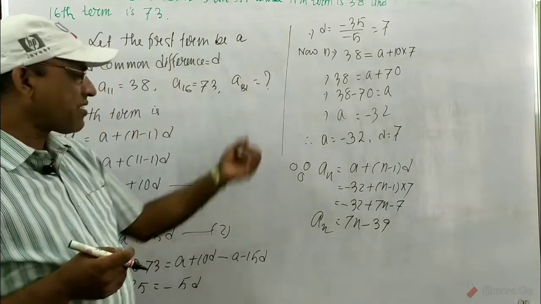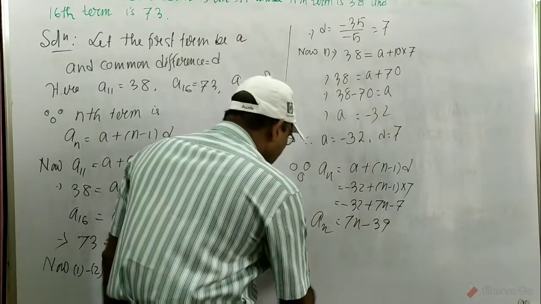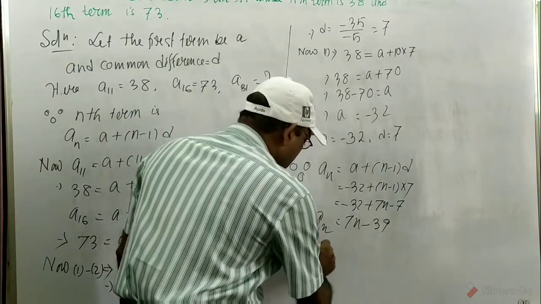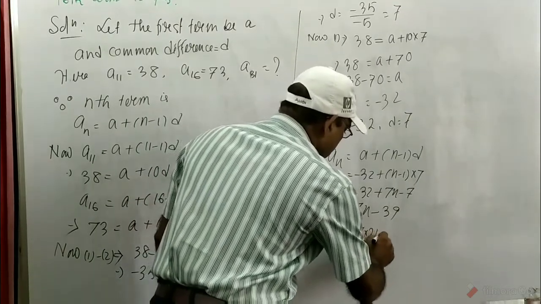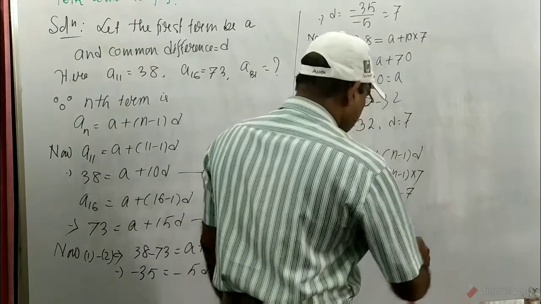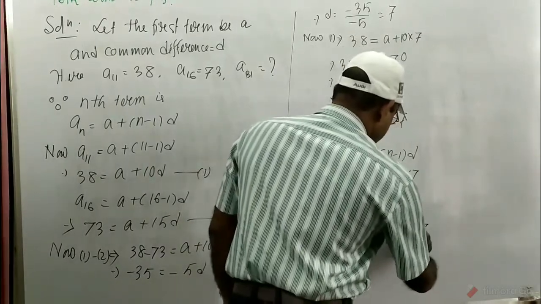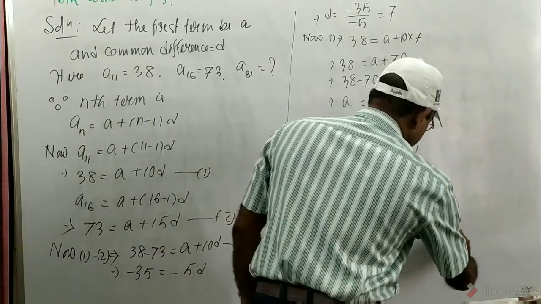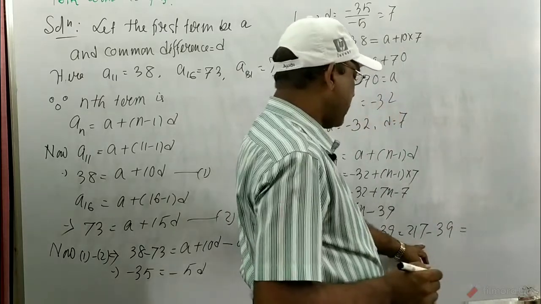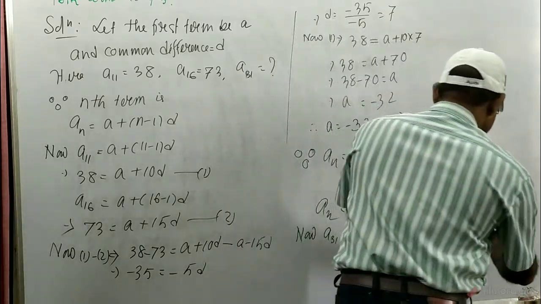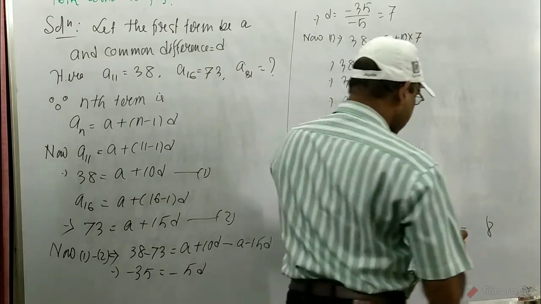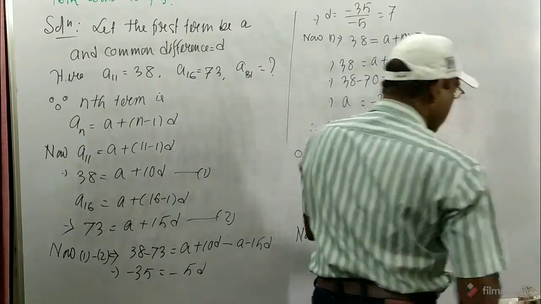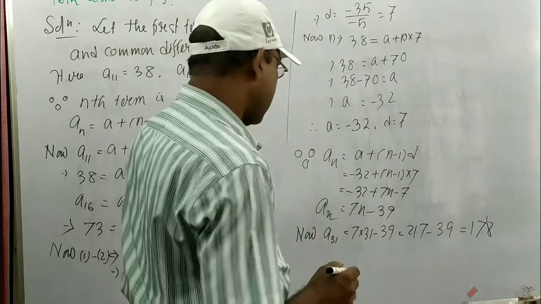So a31 equals 7 into 31 minus 39, which is 217 minus 39, which is 178.